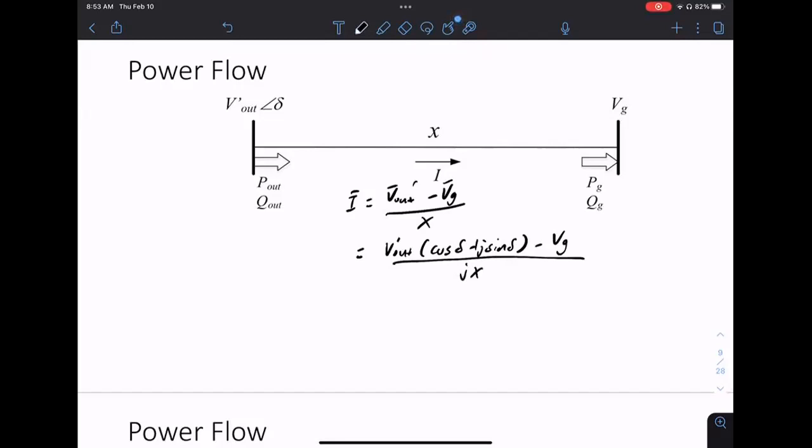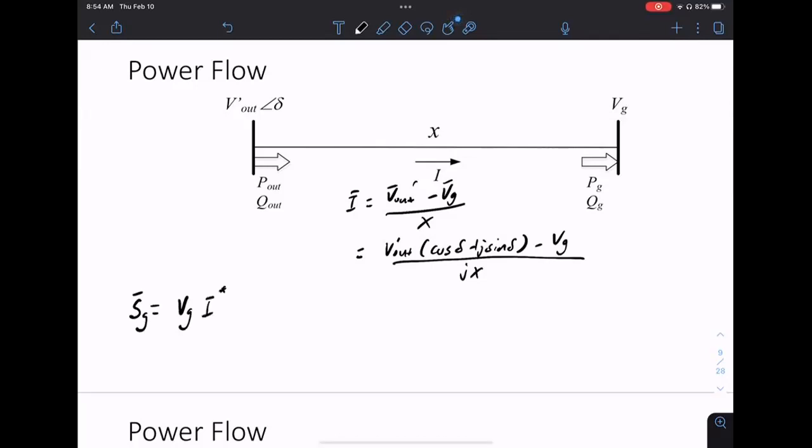This is our I. Now we multiply the grid voltage with the conjugate of this current to get active and reactive power. So what we do is this is VG. Again, the angle is 0 for that.